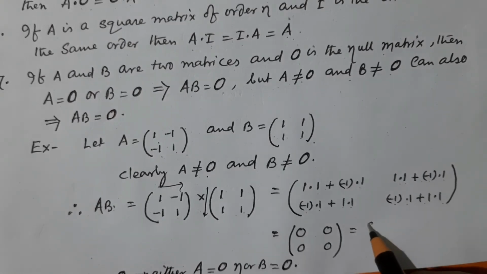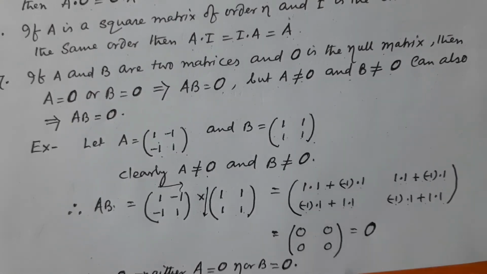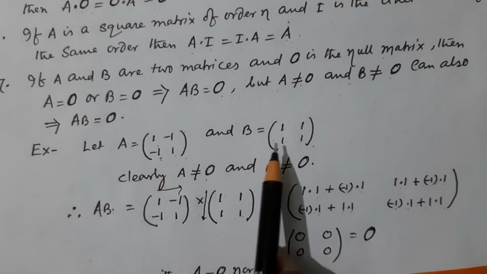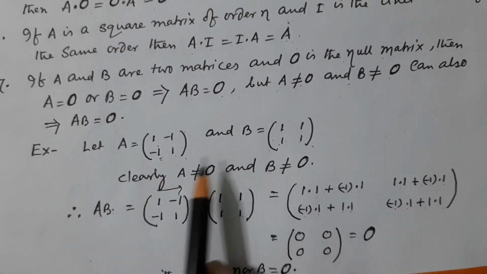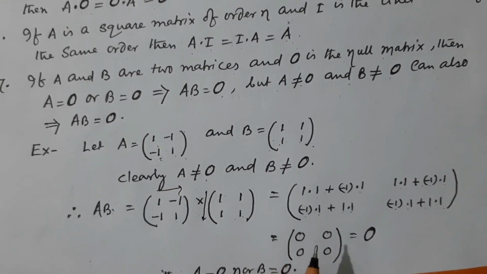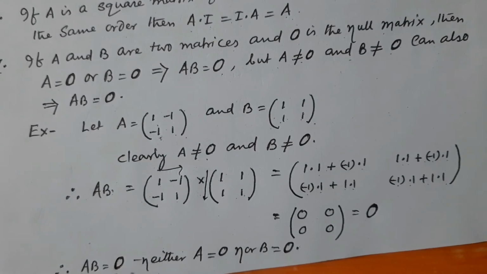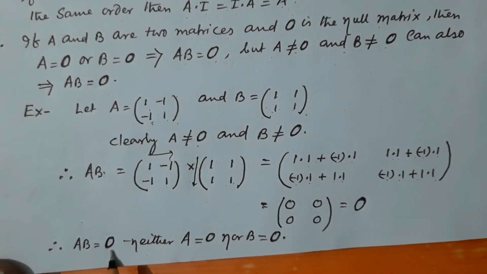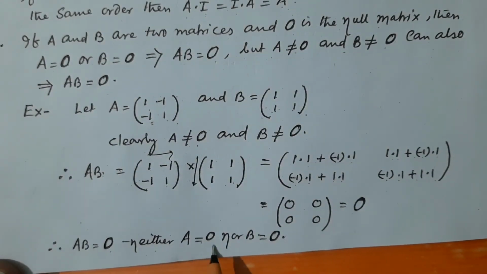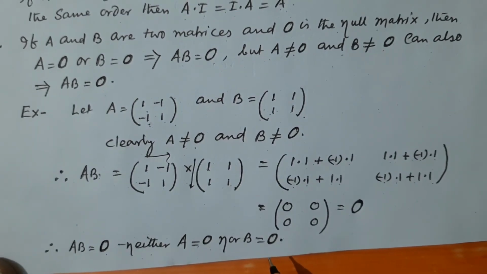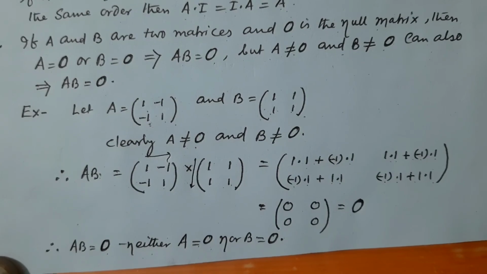That is a zero matrix, a null matrix. That is, A and B are both non-zero, but in the case of matrices their product equals 0. Therefore we can say AB equals a null matrix, though neither A equals 0 nor B equals 0 matrix. Okay, thank you, student.